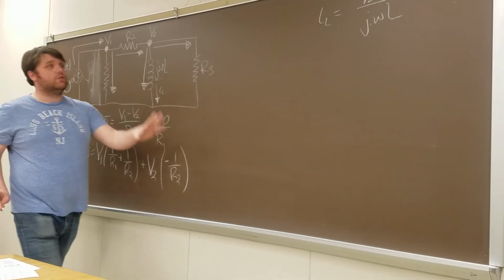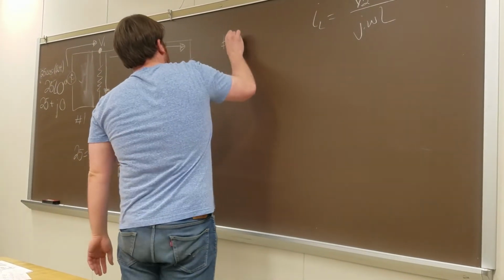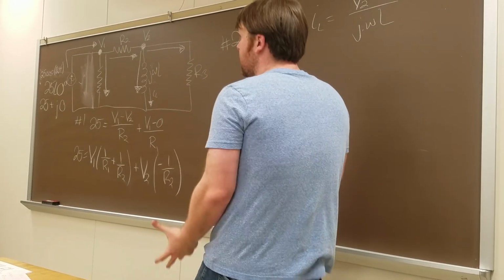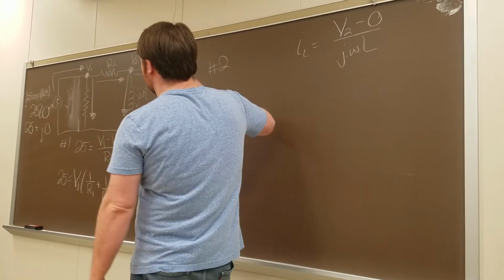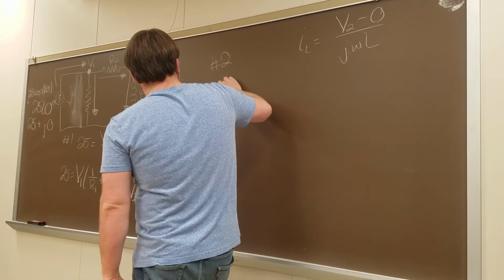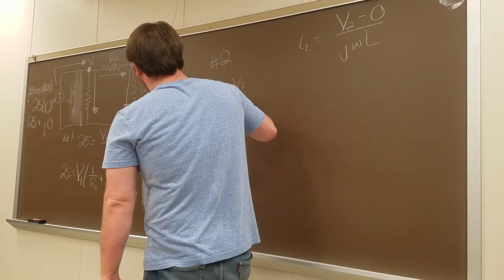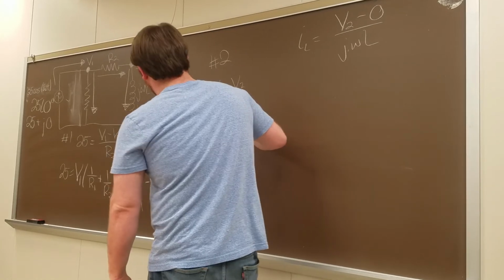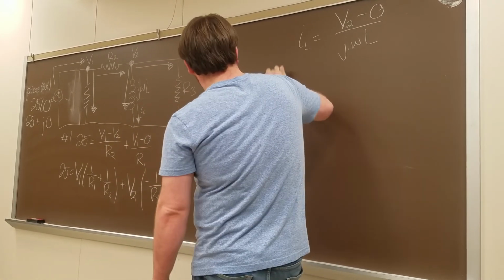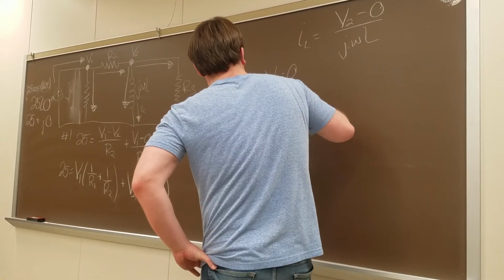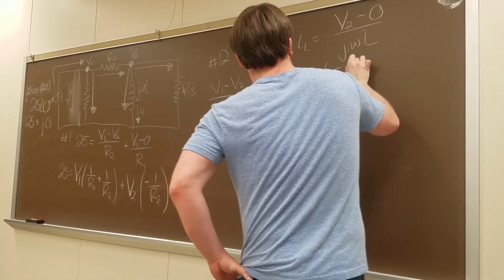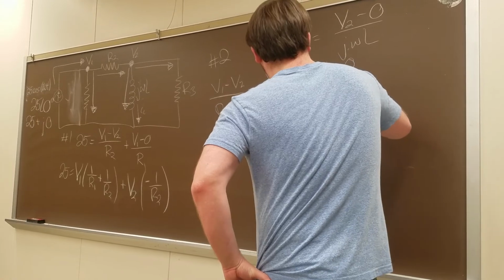I'm going to look at node 2. Okay? And I'm going to do the same thing. The sum of things coming in has to be equal to the sum of things coming out. So the only thing coming in is V1 minus V2 over R2. That has to be equal to V2 minus 0 over j omega L plus V2 minus 0 over R3.